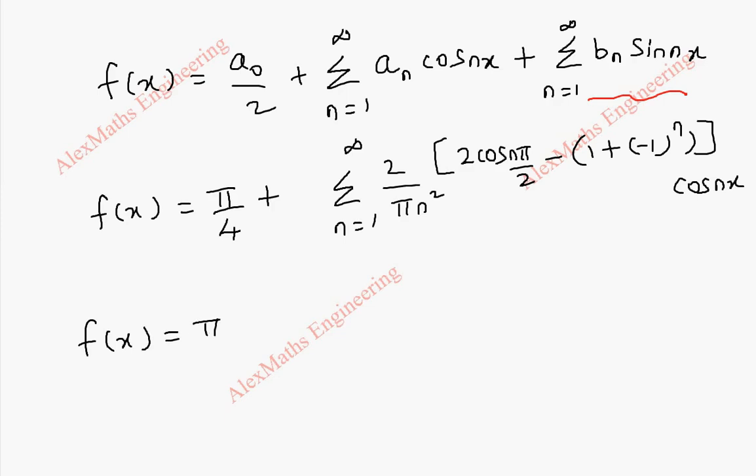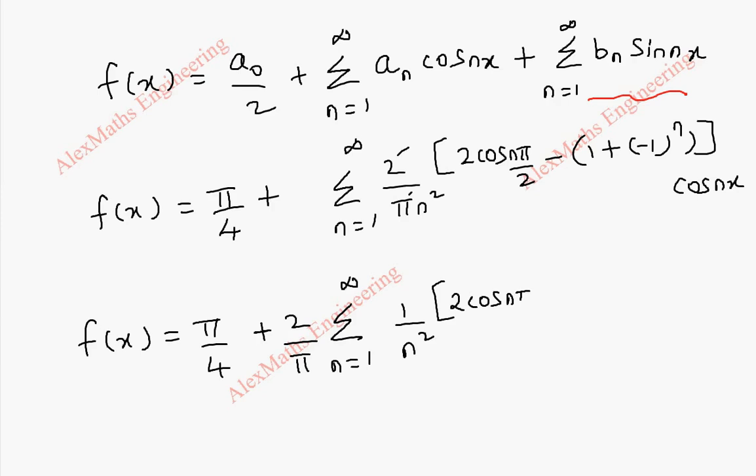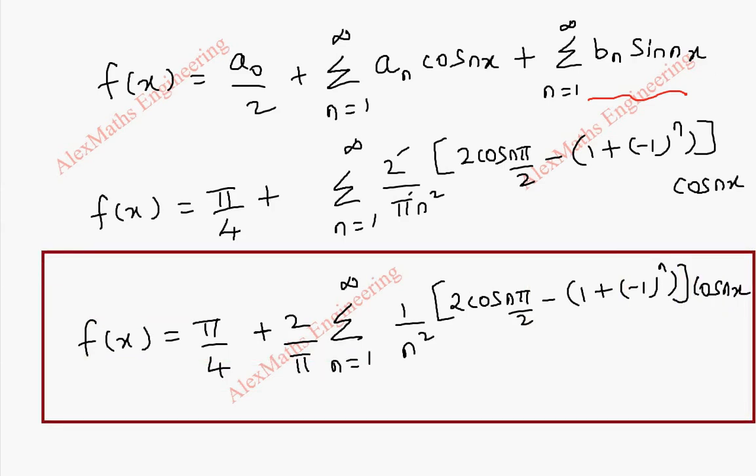So f of x is pi by 4 plus 2 by pi summation n equal to 1 to infinity. After taking this 2 and pi common, we are left with 1 by n square and 2 cos n pi by 2 minus of 1 plus minus 1 whole power n into cos nx. Thus we got the required Fourier series expansion formula.